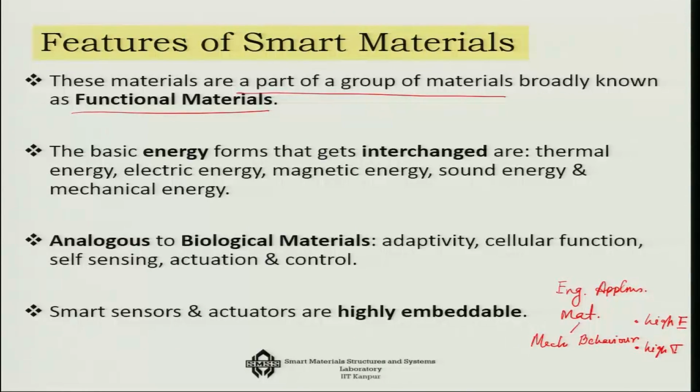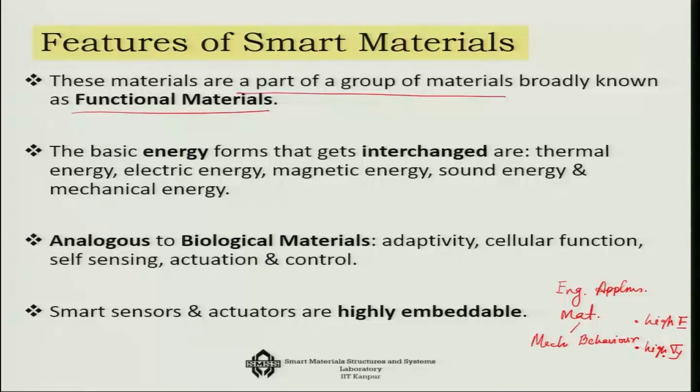But can there be a material which can give me a high stiffness along with something more? Let's say a changeable stiffness, a variable stiffness with some signal, be it electric, be it magnetic.